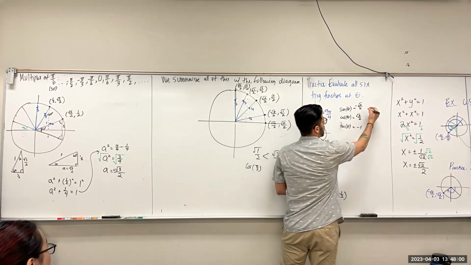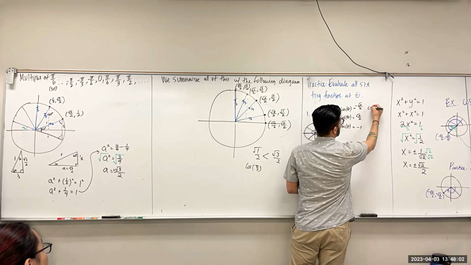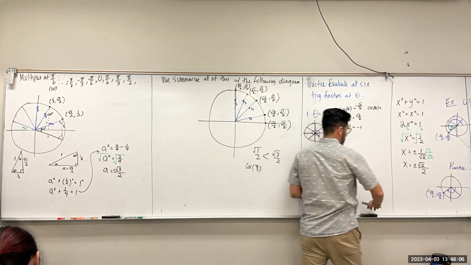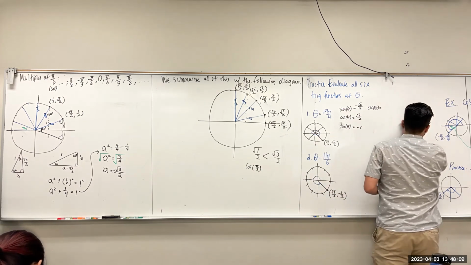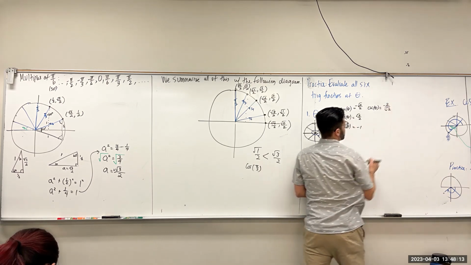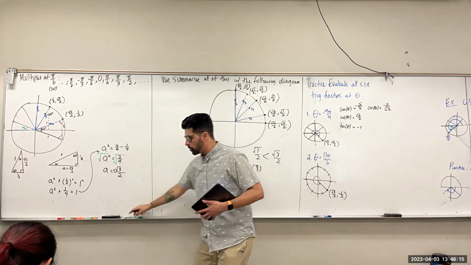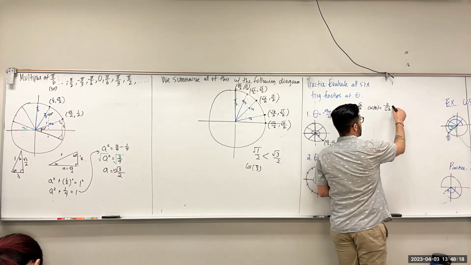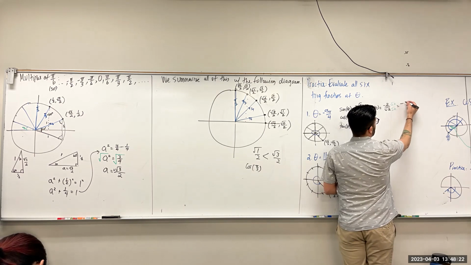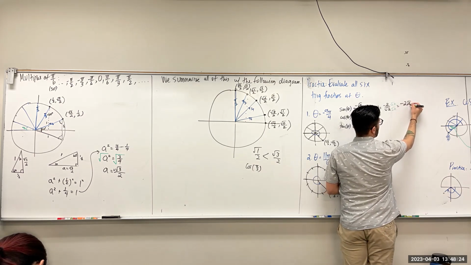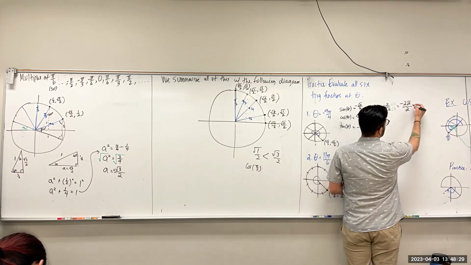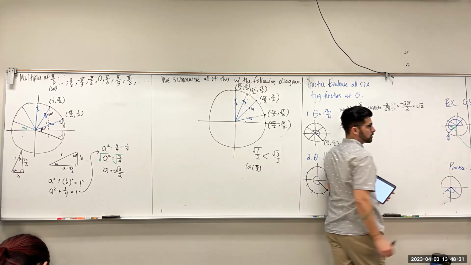And then you got your reciprocals. Cosecant of this angle, the reciprocal of this guy, is -2/√2, but you can't have a square root at the bottom, so you want to rationalize it. So you end up with -2√2/2, which is really -√2.